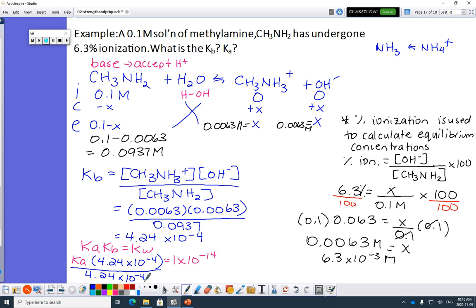This is really straightforward. Just sometimes actually typing it in can be annoying. This is a base. You do want to get a really small number for Ka. That makes sense.